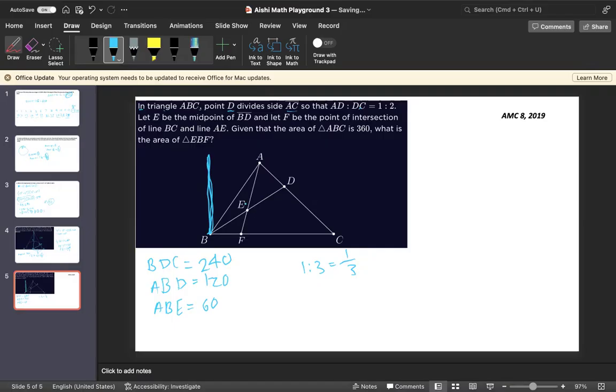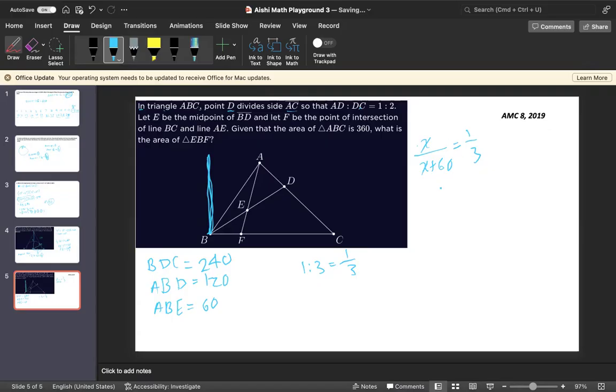So if we call the area of EBF X, then we would get X divided by X plus 60, which is the area of ABF, is equal to 1/3, the ratio of the heights, which must also be the ratio of the areas, since the base of ABF and EBF is BF, which is the same.